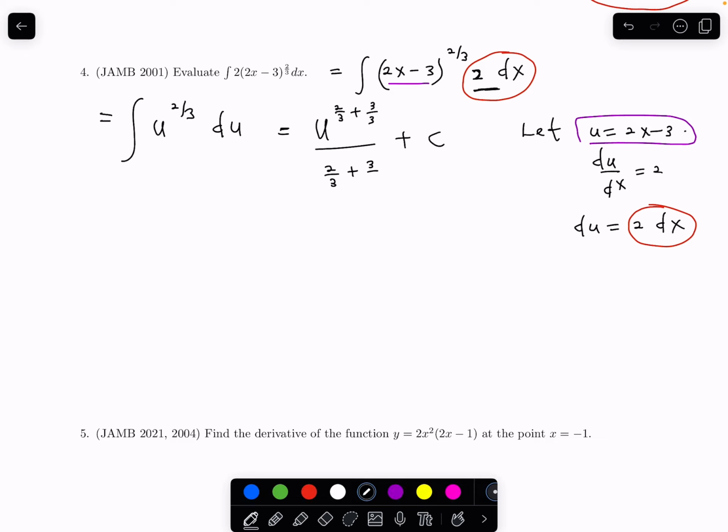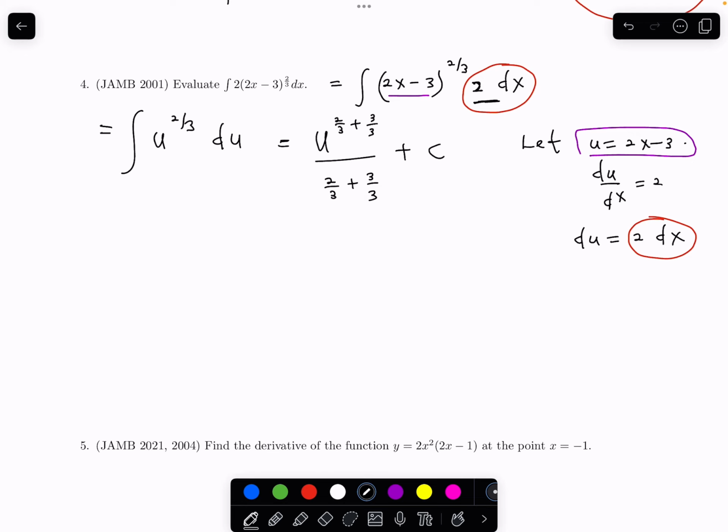To make the denominator the same, right? 3 over 3 is the same thing as 1. So this is just going to be u to the power of 5 over 3 divided by 5 over 3 plus c, and this is just going to be 3u to the power of 5 over 3 divided by 5 plus c, right?